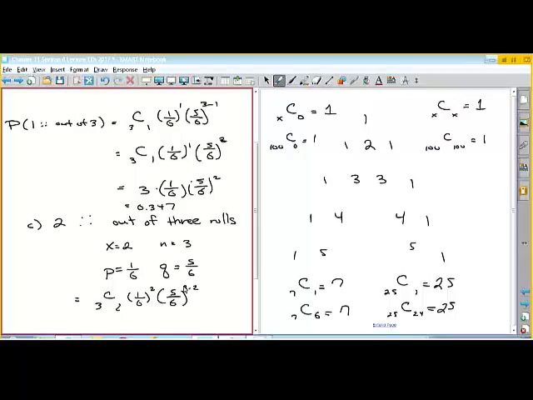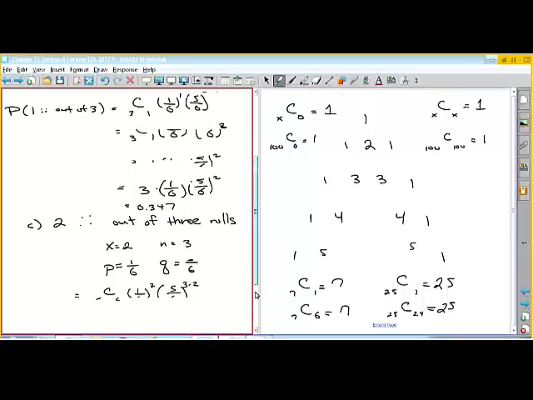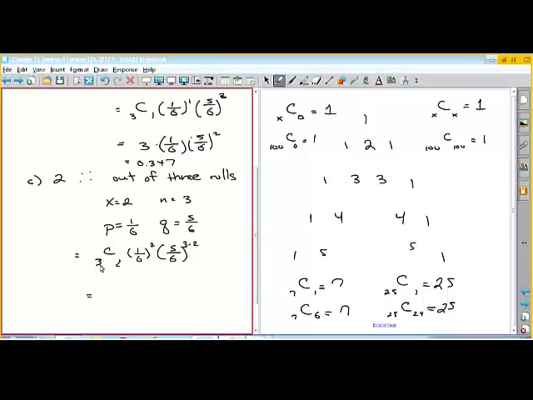The probability of failure is 5/6, and you raise that to the 3 minus 2 power, which is the first power. 3 things taken 2 at a time is 3. And then we have 1/6 squared times 5/6 to the first power. And when you do that, you get 0.069.